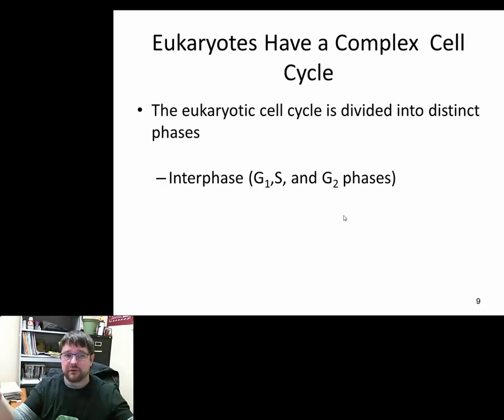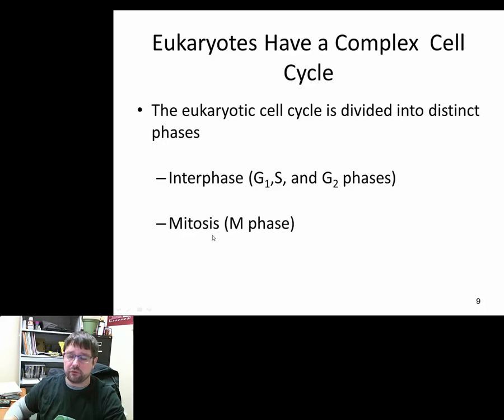Overarchingly, though, we label them under interphase. Then there's the mitosis phase, or the M phase, if we're talking about somatic cells. If we're talking about germline cells, the M stands for meiosis. And then there is cytokinesis, or the C phase. Now, this is cell division. Right? This is a cell cycle.